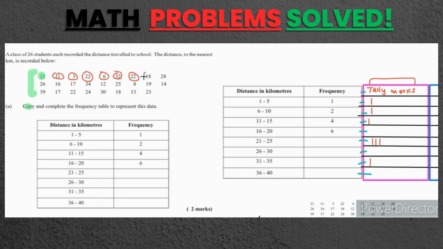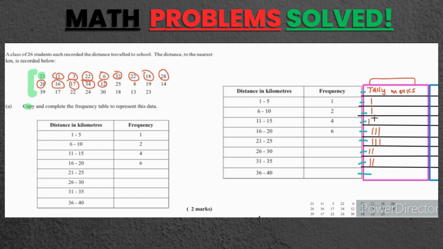In this group. 18 in this group. 28 in this group. Then 26 in this group. 16 in this group. 17 here. 34 here.